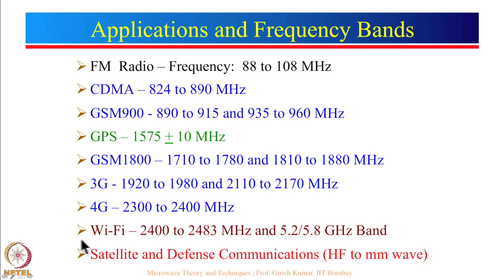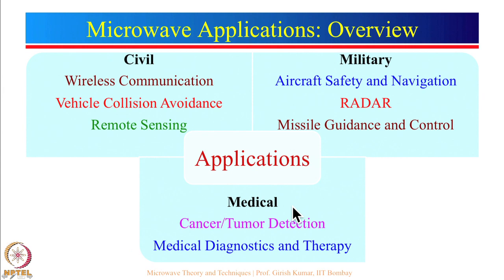And then of course, there are many applications in satellite and defense, and they use high frequencies up to millimeter wave frequencies also. So there are a huge number of applications. Let us see how these applications are divided into civil, military as well as medical applications.